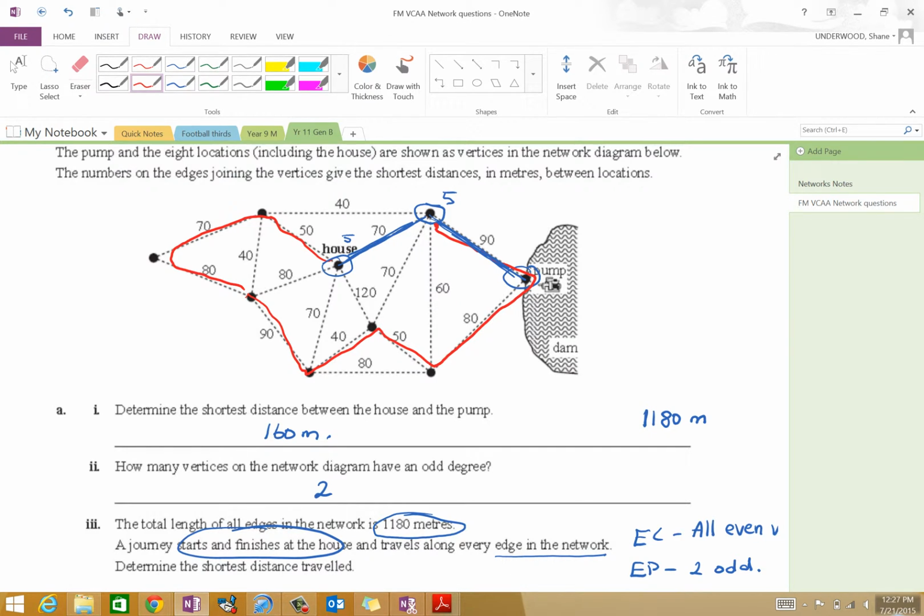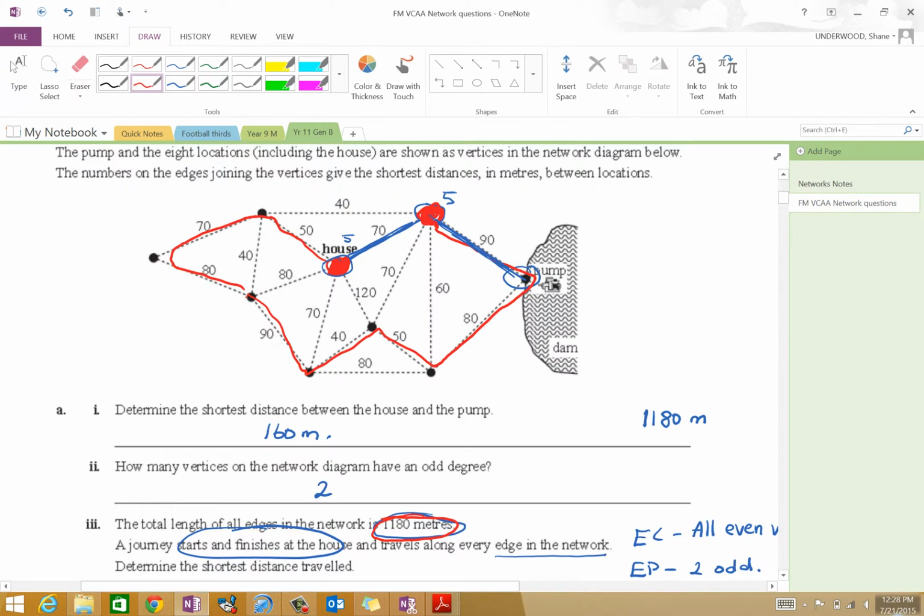Have I done a Euler? No, because have I gone through every edge? No, and we don't have to go through every edge at the moment, because we've been told that the total length of all the edges of the network is 1180. But what's one thing we know about a Euler path? If I start here and I go through all the edges, I'm going to finish there, aren't I?